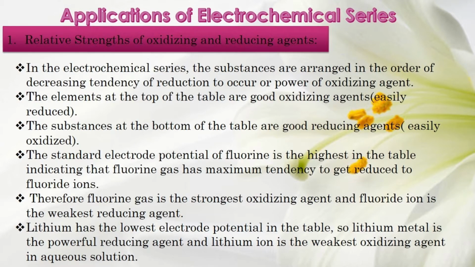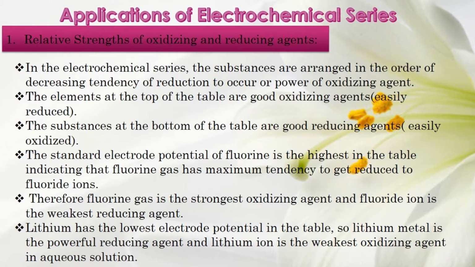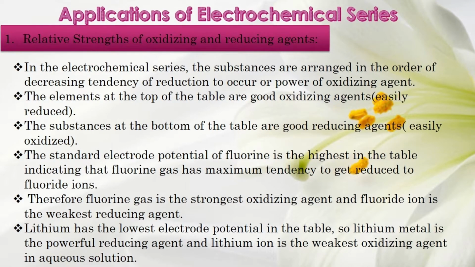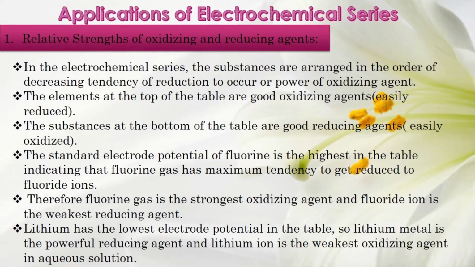In the electrochemical series, the substances are arranged in the decreasing order of electrode potential. That is, they are arranged in the decreasing tendency for reduction to occur, or power as oxidizing agent.